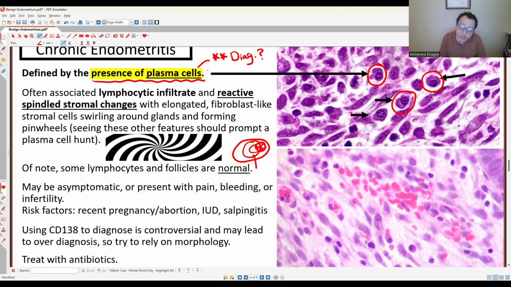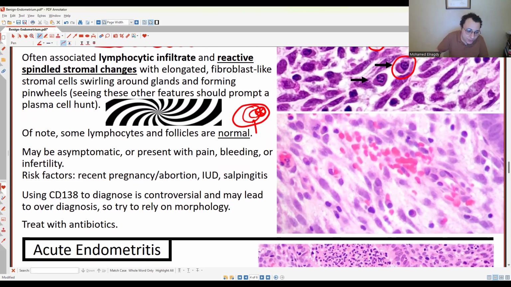Yeah, she had an IUD, a copper IUD, and she's having pain, and blah blah blah, so I'm sure this is chronic endometritis. She used to say, let's throw CD138. CD138 is actually a stain for plasma cells. Maybe we're missing some plasma cells here or there, and then we can call it chronic endometritis because we'll see that the CD138 is highlighting the plasma cells, so it's fine.